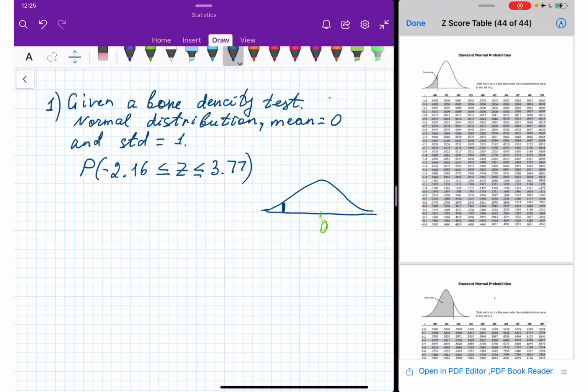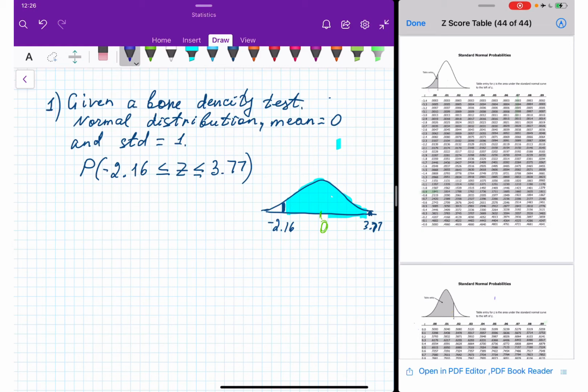It's going to go all the way to here. So it's negative 2.16, 3.77, and we will shade it. Okay, like that.